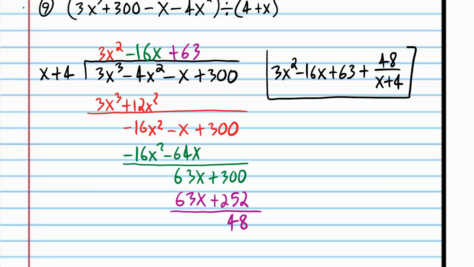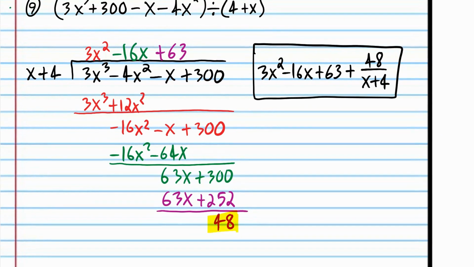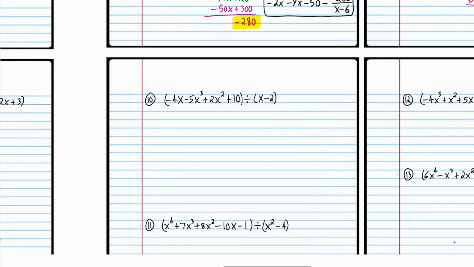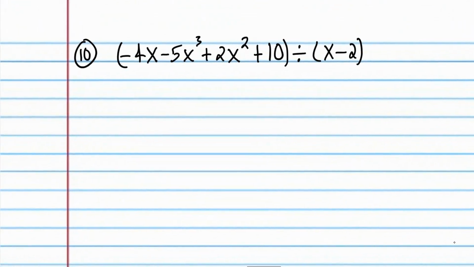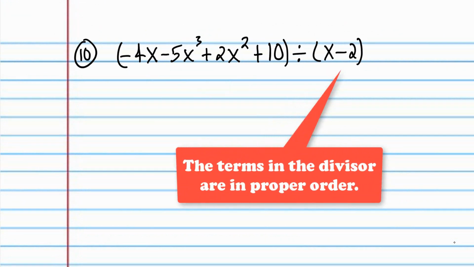So if you got that answer, very good. Good job. So the remainder went there, and the divisor went there. That's the way it always works. The remainder is always going to be in the numerator, and the divisor is always going to be in the denominator. So go ahead and try number 10. Remember to order these properly before you do the algorithm. When you come back, we'll do it together.